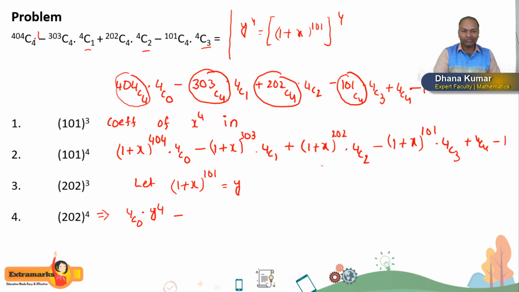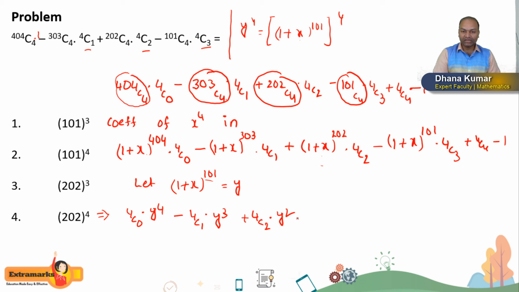Let us come to the next term. Minus. Here 4C1 is there. So 4C1 into this part can be written as y power how much? 3. 3 into 101, 303. Fine. Let us come to the next one. 4C2 into this part can be written as y square. Then only 2 into 101, 202.